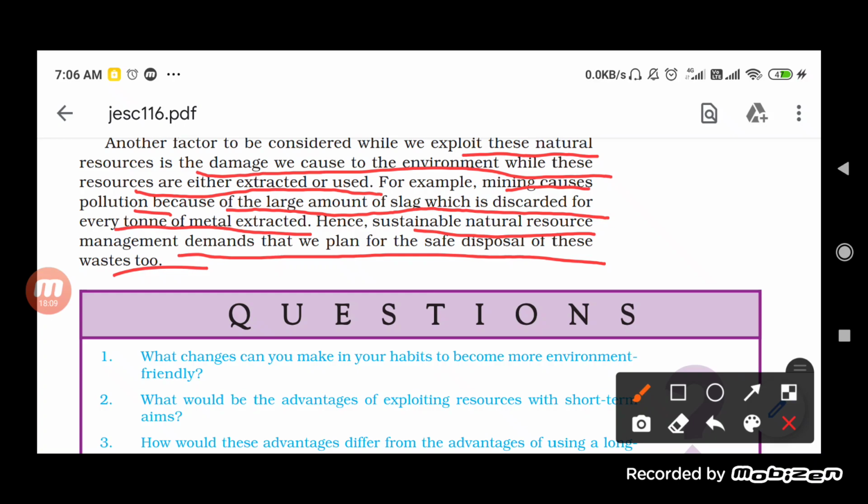That damage can be minimized by planting new saplings in place of the cut down trees. So if we are using natural resources, we must ensure that they cause less damage.